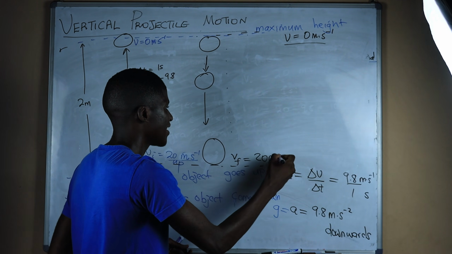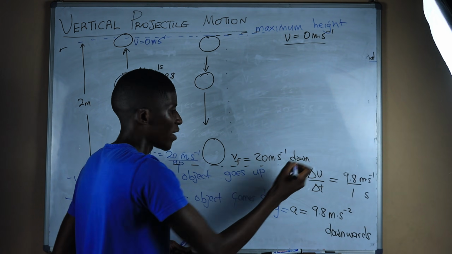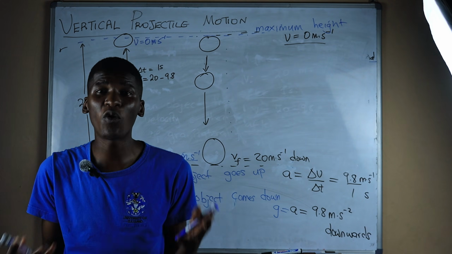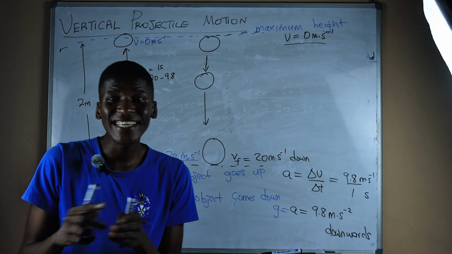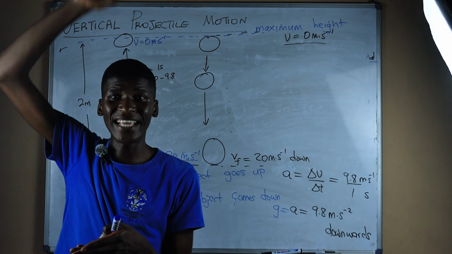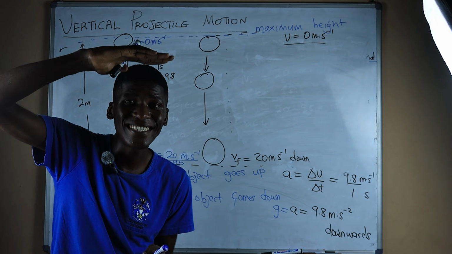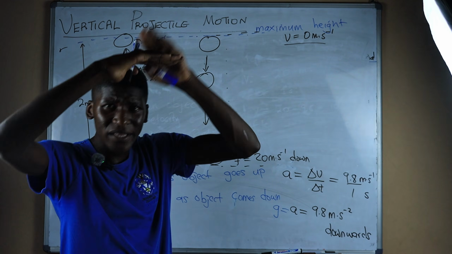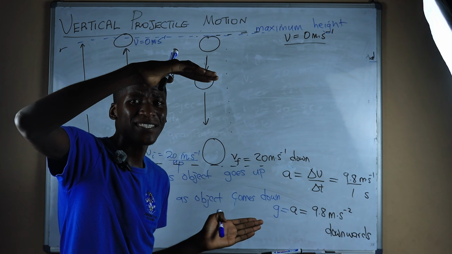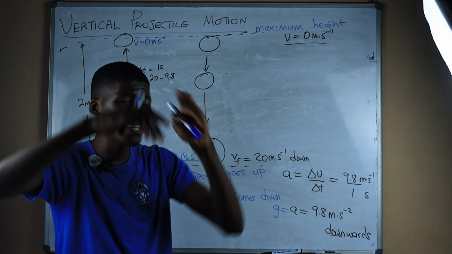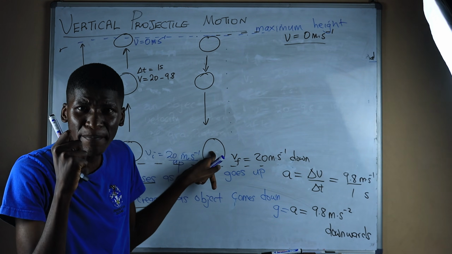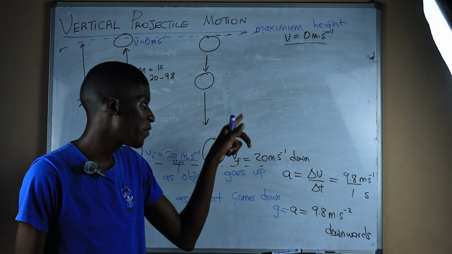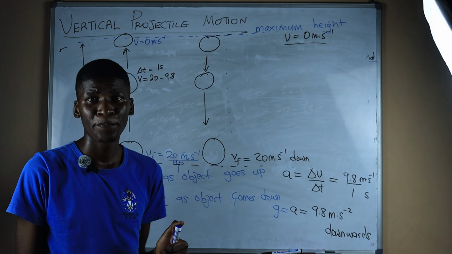It will be 20 meters per second, but now it will be downwards, because you threw the object and gave it an initial velocity of 20 meters per second. It lost all that velocity as it was going up, and it reached a maximum height. Now gravitational force will give back all the velocity, in such a way that when it comes back to the same point where it started, it will have a final velocity of 20 meters per second downwards.